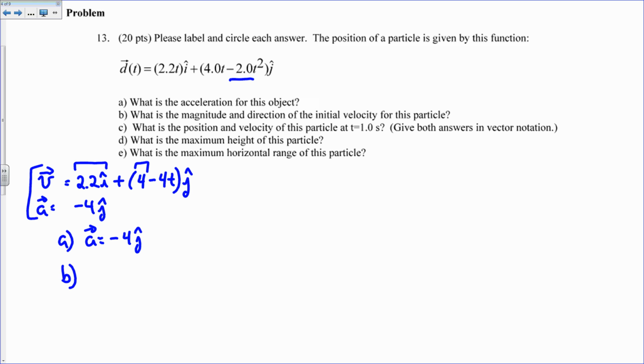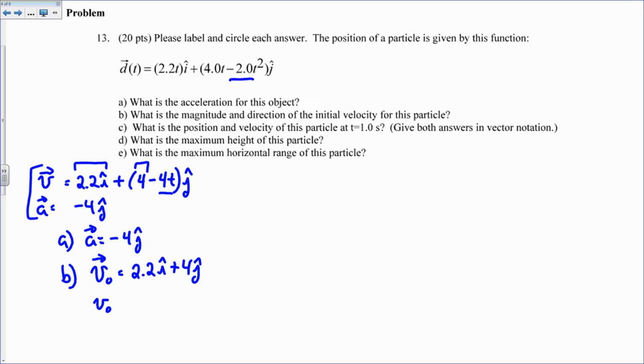So for part B, v naught is equal to 2.2i plus 4j. I know that it's these numbers. I leave this off because the initial velocity is when t equals 0. So I just set t equal to 0 and that 4t term goes away. However, I want to know the magnitude and direction.